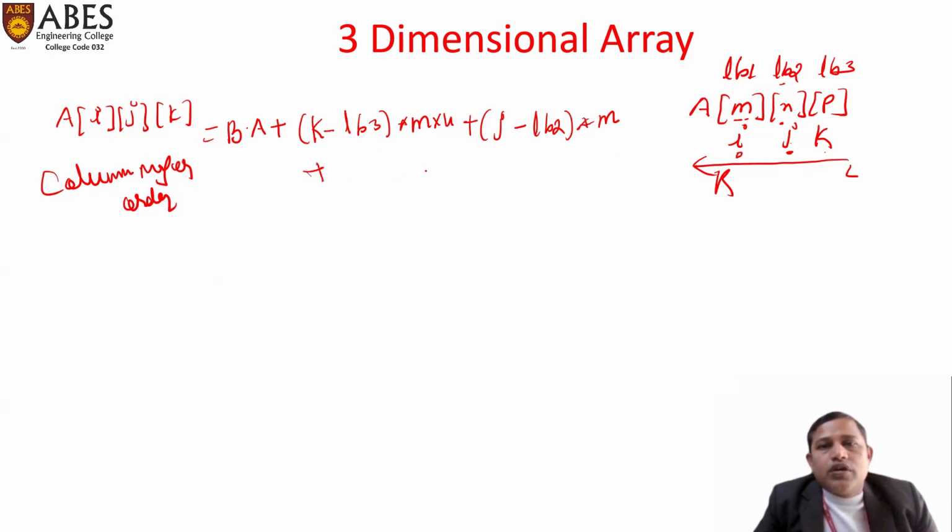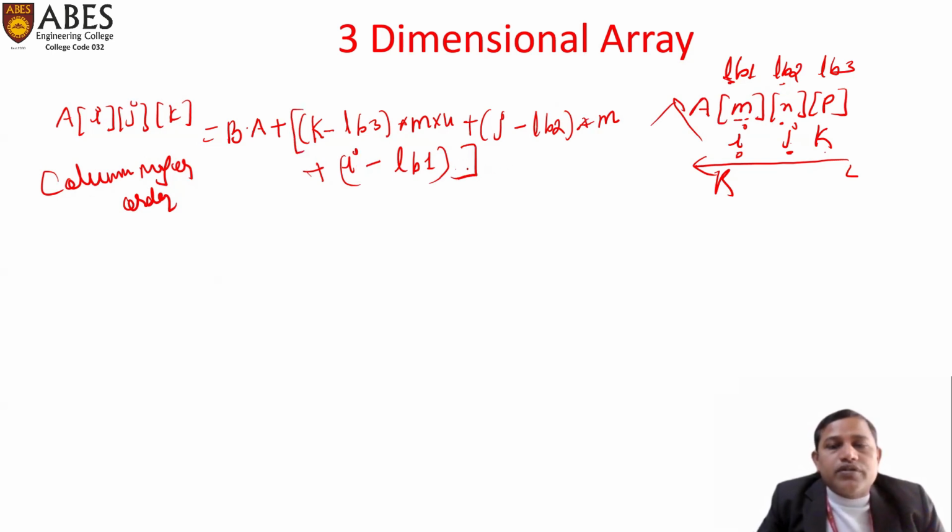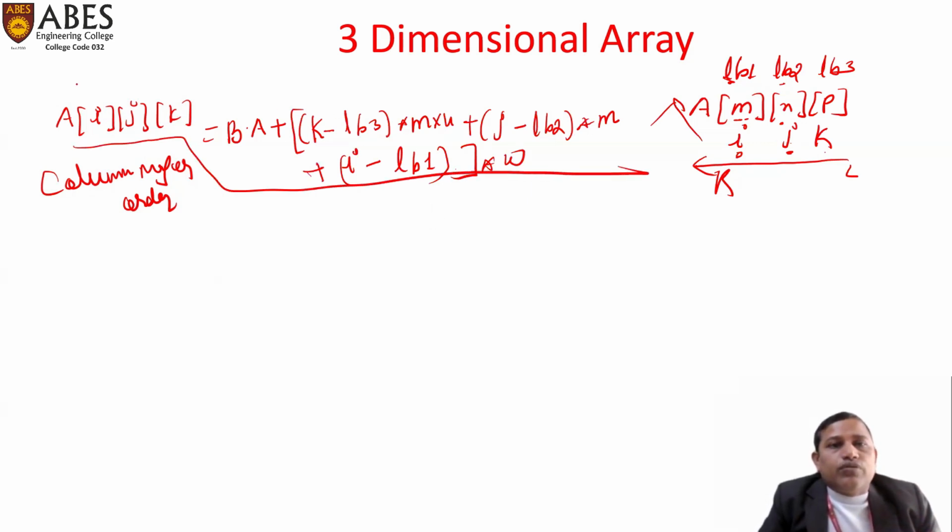Now we reach the ith element, i minus lower bound 1, and here there is no element, so don't multiply by anything. Now multiply by the size of one cell, w bytes. This is the formula of column measure order.